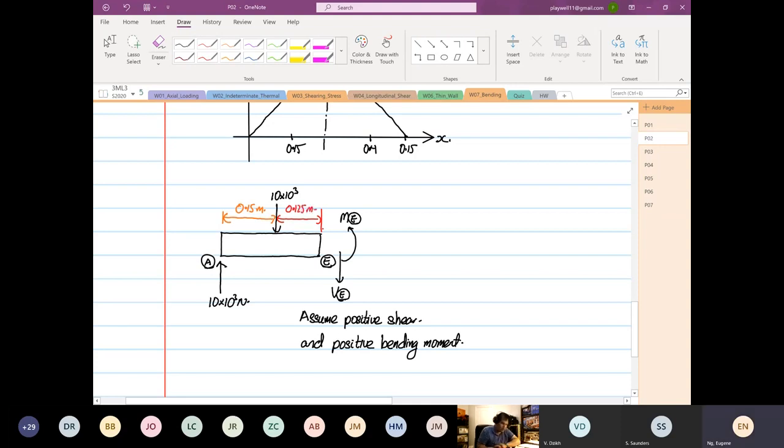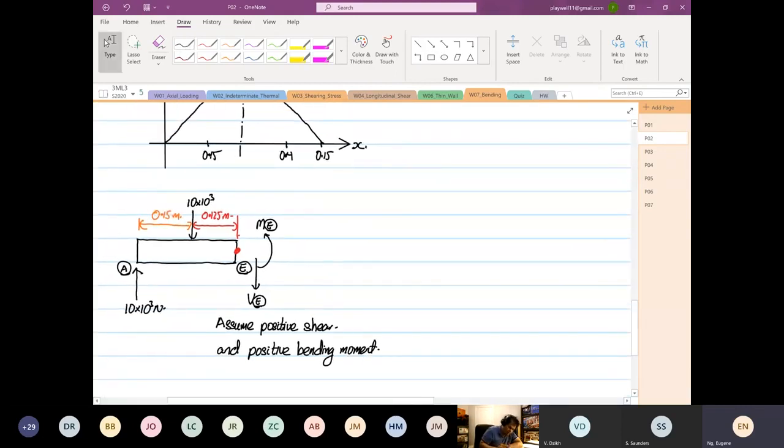Okay. So now we are going to take the moment at point E, where I'm drawing a dot now. We're going to do static analysis, where the summation of moment Z at point E will be equal to 0. The 10 kilonewton, the furthest away, is minus because it's going in a clockwise direction.